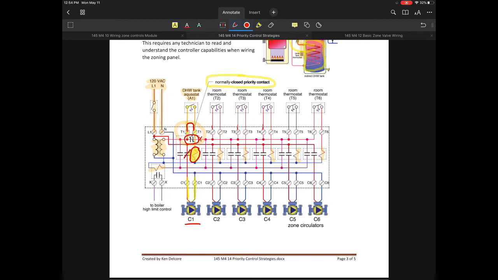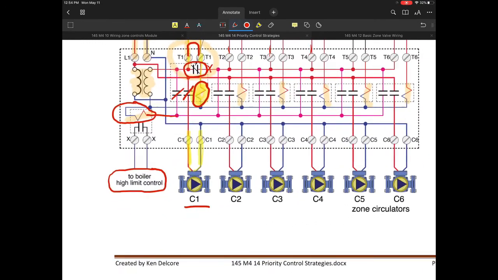Now, how does the boiler know that there is a demand? So let's hit that one up. When C1 has a demand, based on a contact closure between T1 and T1 that allowed us to energize that relay, this contact is closed and our zone circulator C1 is powered. Immediately, this set of contacts is also going to close, sending 24 volts isolated directly to power this particular relay. This relay is designated as the boiler high limit control.